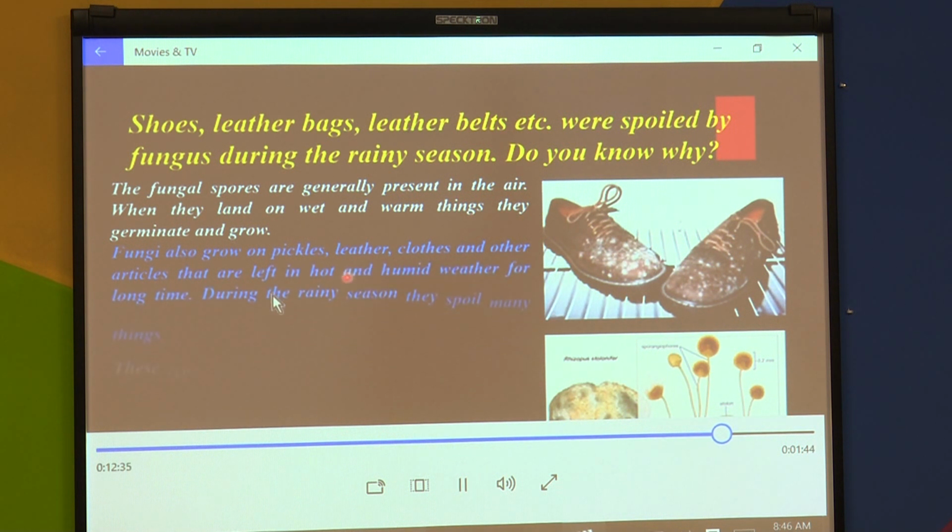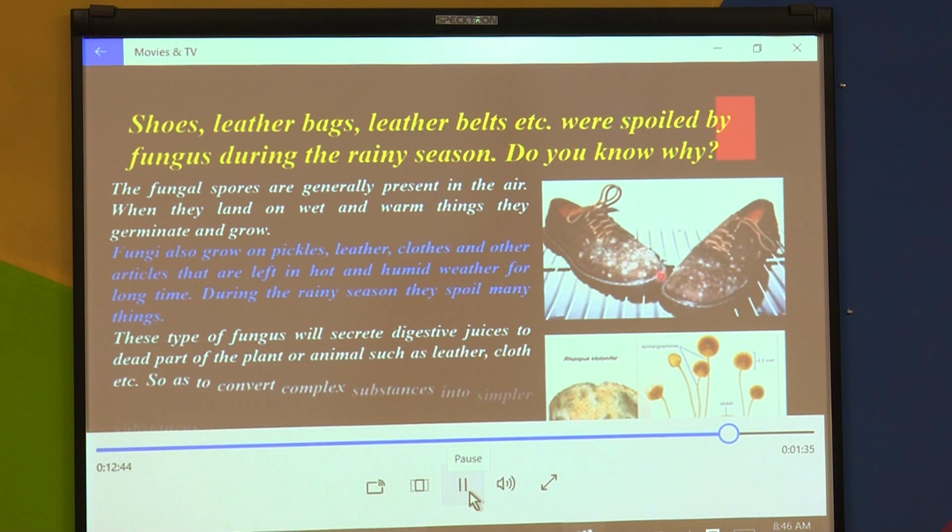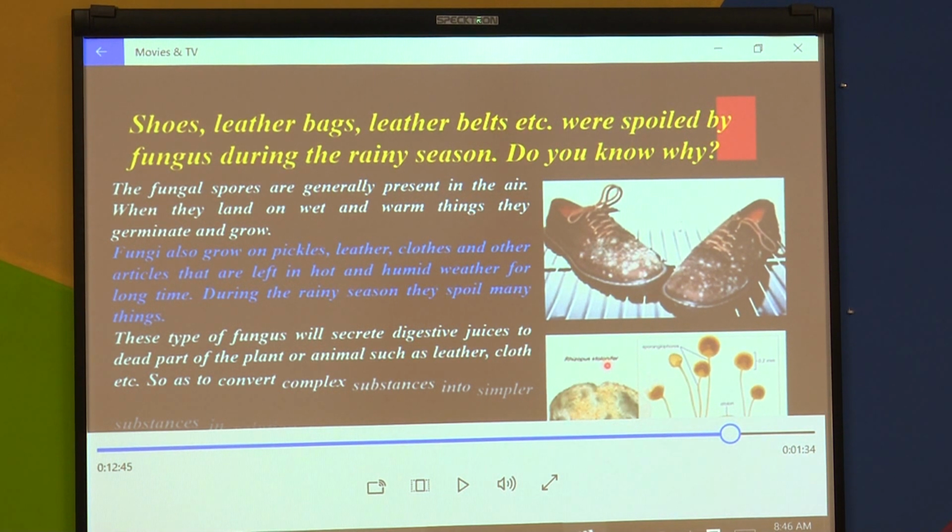Fungi also grow on pickles, clothes, and other articles that are left in hot and humid weather for a long time. Suppose the temperature is hot and the weather is humid, then we can see this type of fungus growing on different things, and also in food, like pickles or bread, as I told you, and some other food substances.